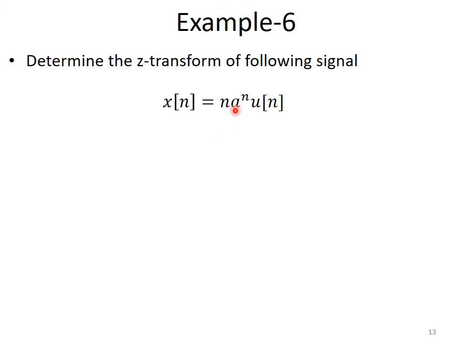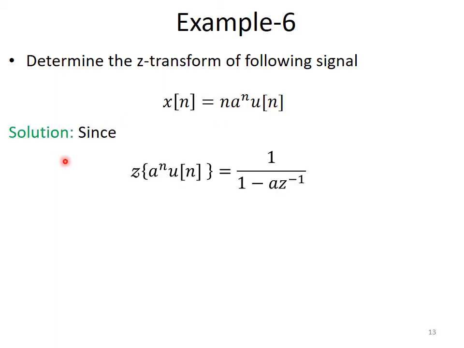So we already know that the z transform of a power n into u of n is 1 upon 1 minus a into z power minus 1, right. Now since n is multiplied with this, we have to find out the first derivative of this function on the right hand side with respect to z and multiply it with minus z.